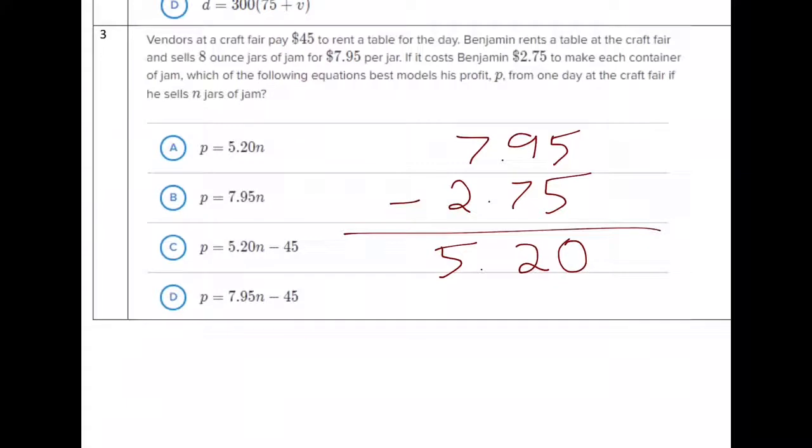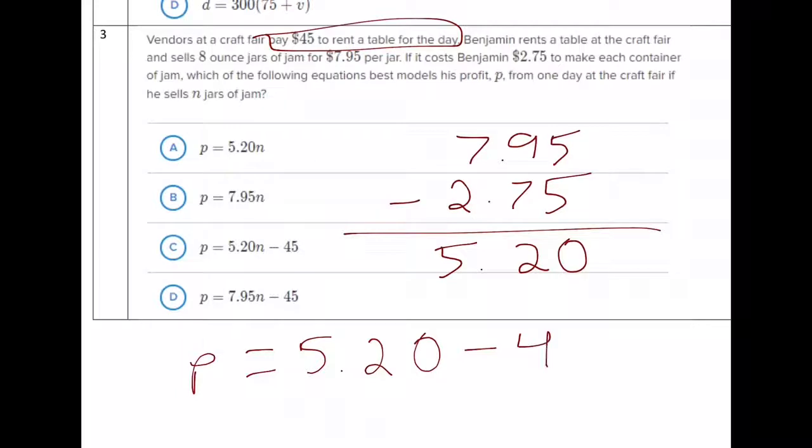This tells us that for every jar of jam that Benjamin sells, he earns a profit of $5.20. Now, there's an initial upfront cost, $45 to rent the table. And you only pay that once for the entire day. So P is going to be equal to $5.20 times N, and we have to subtract that upfront cost of $45. C was the best answer.